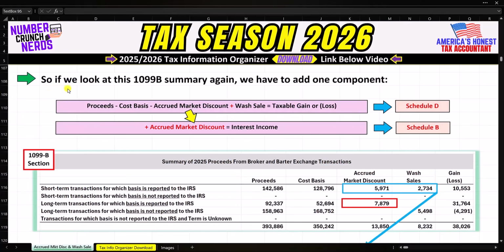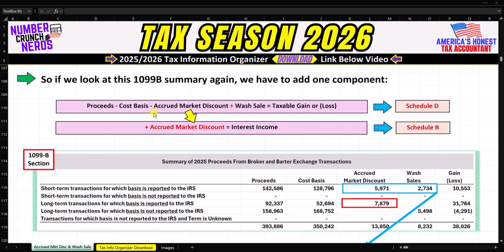Okay, so now if we look at this 1099-B summary and calculation again, we have to add one component that we did not have there earlier. Remember that I said the calculation is proceeds minus cost basis minus accrued market discount plus wash sale equals the taxable gain or loss. When I say minus the accrued market discount, it's not that the market discount amount just disappears.